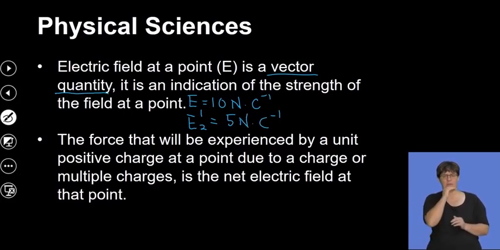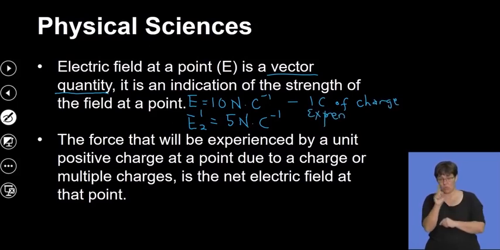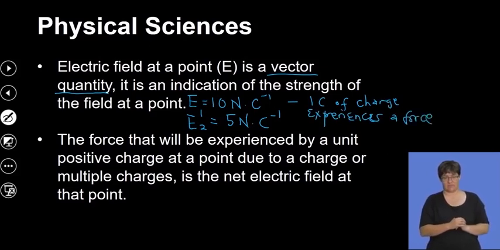What that simply means is that the electric field at point 1 is such that 1 coulomb of charge experiences a force of 10 newtons. This is exactly what we mean when we say the magnitude of electric field at a point is 10 newtons per coulomb.